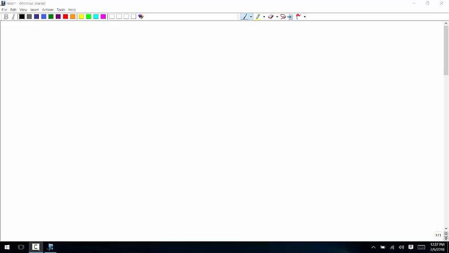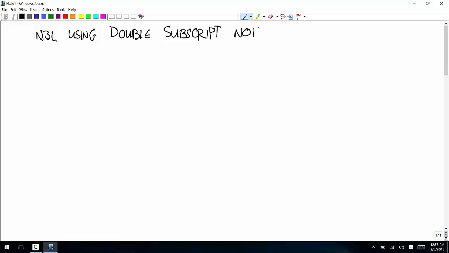Newton's third law using the double subscript notation says F_AB as a vector is equal to negative F_BA.